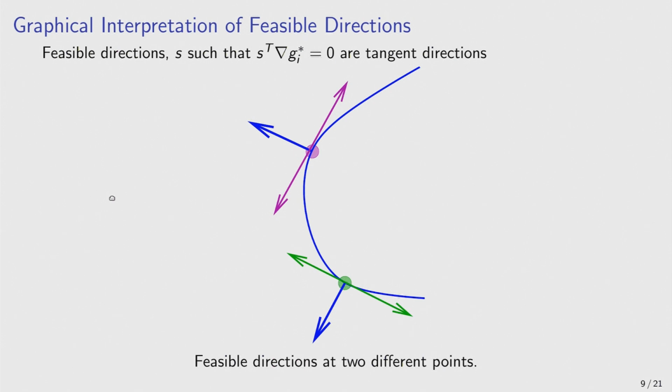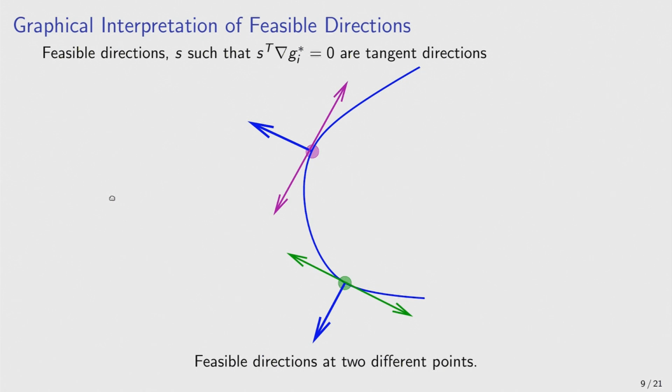Okay, so here's an illustration again for the same feasible set. So the feasible directions turn out to be the tangent directions to the feasible set. The feasible set now, the nonlinear feasible set, is just a single line. There's just one constraint. And there are 2 points, the green and the purple point. And if you construct the outward normal, that's the gradient of your function.